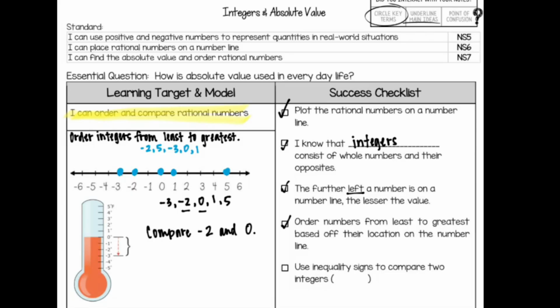Sometimes we refer to them as alligators, where it eats the bigger number. Now we have numbers to the left of 0 that include negatives. So my symbols for my inequalities are less than and greater than. Later on, we'll learn there's also a less than or equal to and a greater than or equal to.